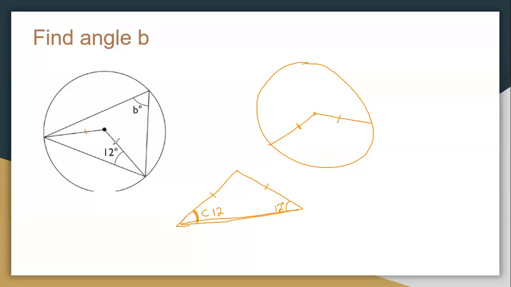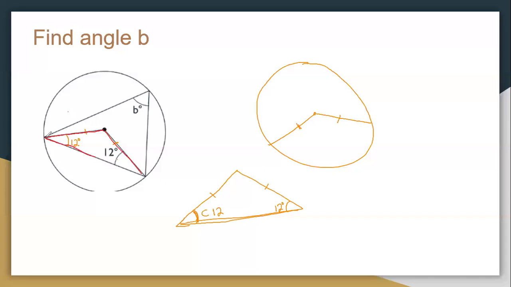Now, when I come back to my circle, this is 12. It means that the angle I'm going to have here is also going to be 12 degrees because this is an isosceles triangle. So our isosceles triangle is being formed by this line here, and then this line here.